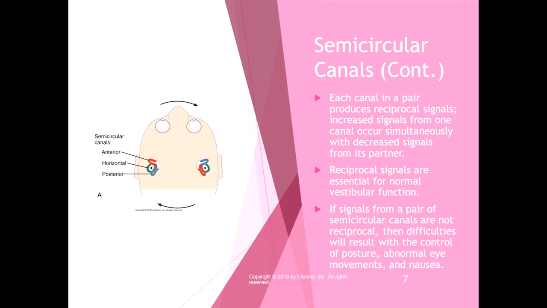If the signals from a pair of semicircular canals are not reciprocal, then difficulties will result with the control of posture, abnormal eye movements, and nausea. Because we don't get that increase on one side and decrease on the other, we basically can't sense where we are in space. So the bilateral function is super important for the function of the vestibular system.